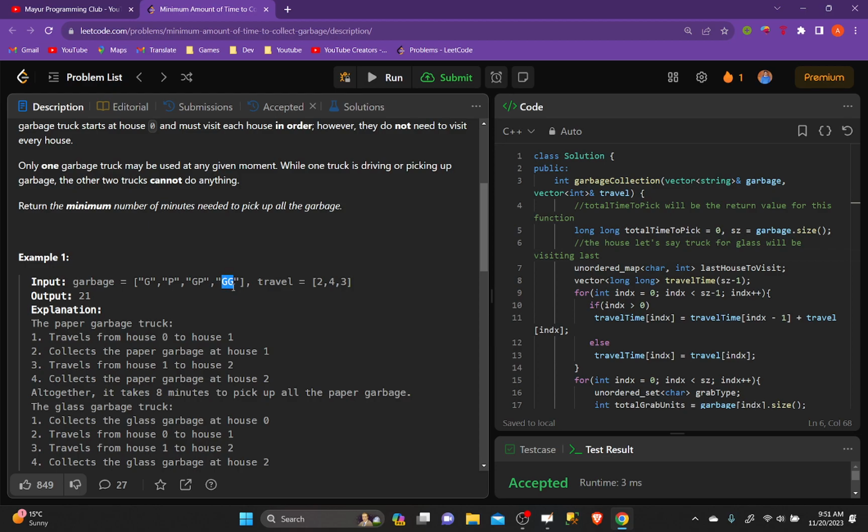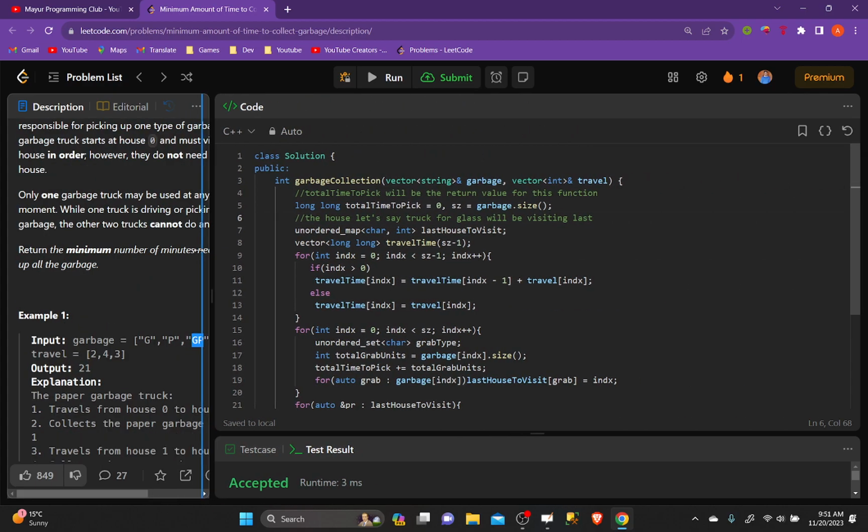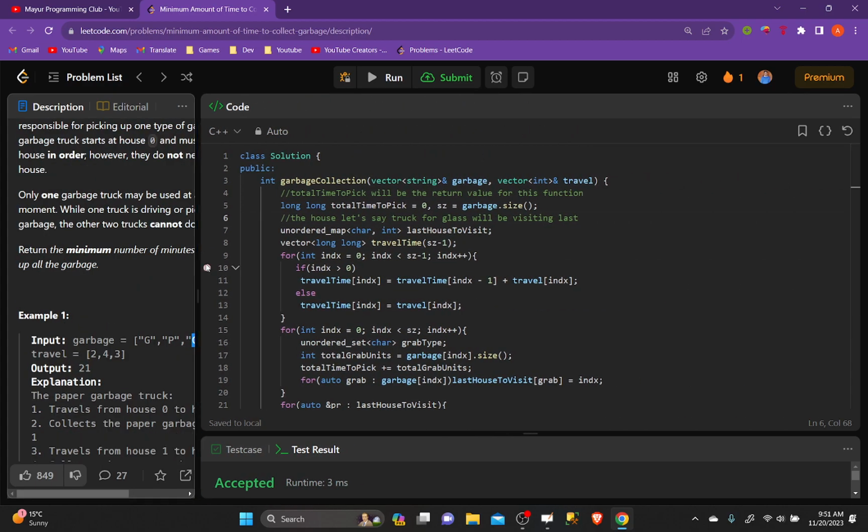This is the very last house, which is at the 0, 1, 2, 3, and 4th index. And what is the last house that a paper truck is visiting? It is this house from the left to right direction, and it will be the 0, 1, and 2nd index. So this is what this will store: last house to visit.